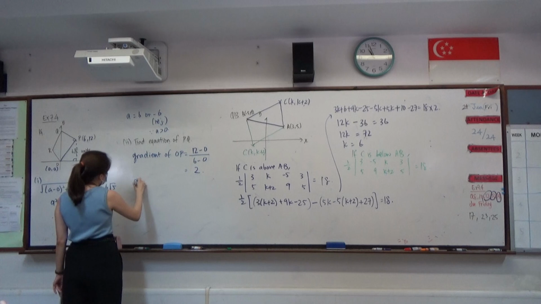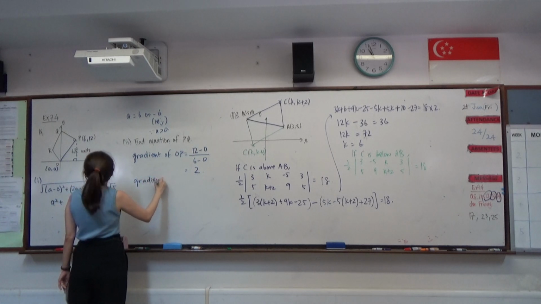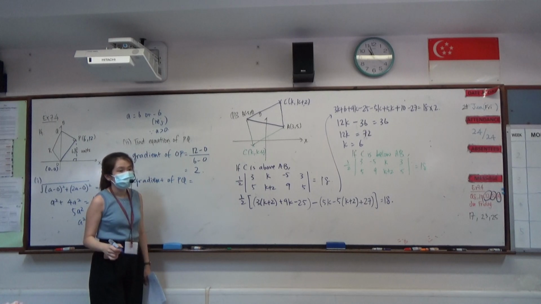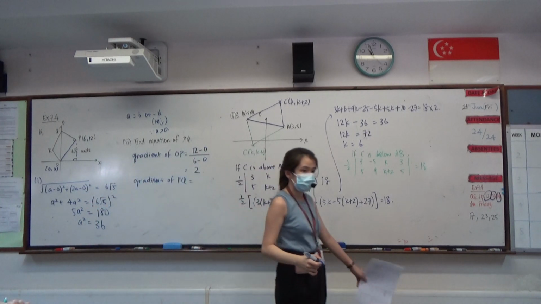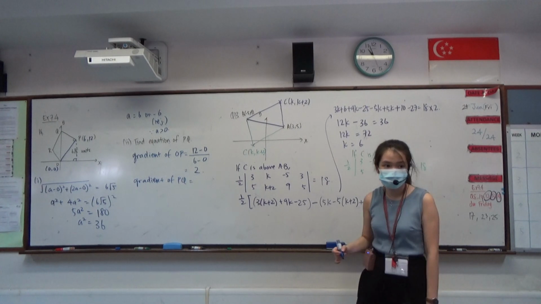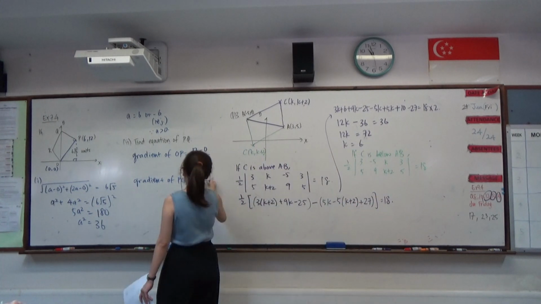Okay, so the gradient of PQ will be equal to negative 1 over 2. Okay, negative 1 over 2.